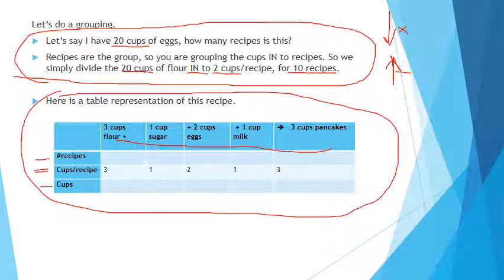Recipes and cups are related by this column right here, and the coefficients go where the cups per recipe are. Every time I make these pancakes, I will have this table. So let's use this table.